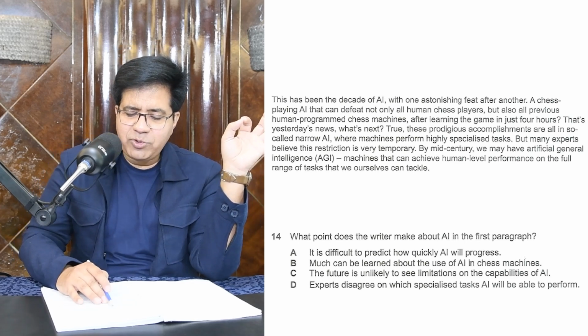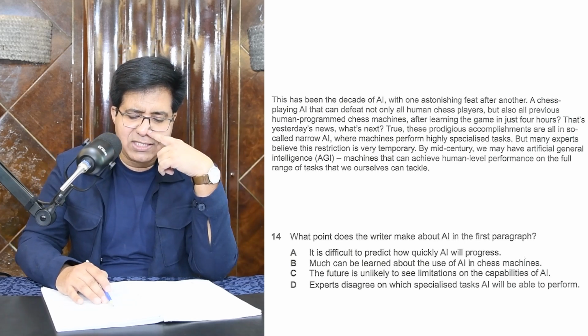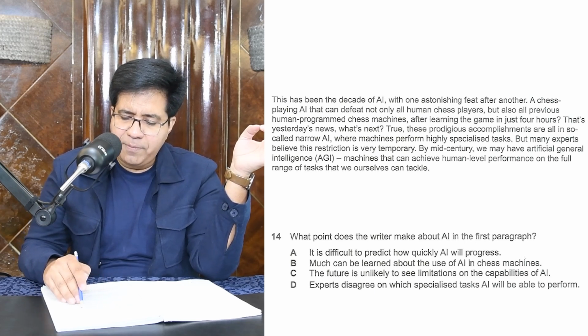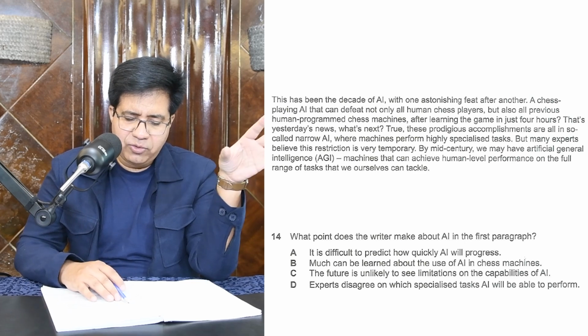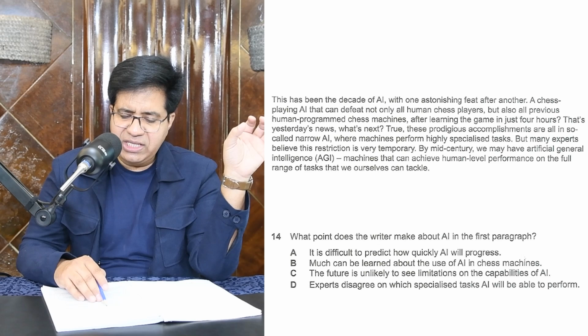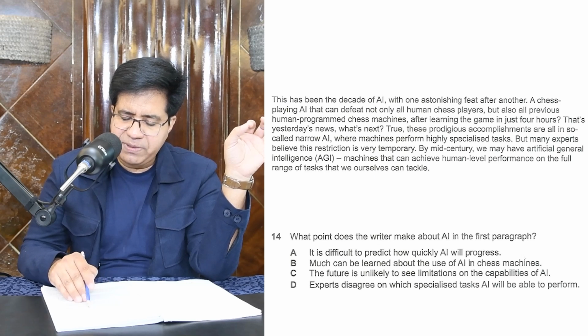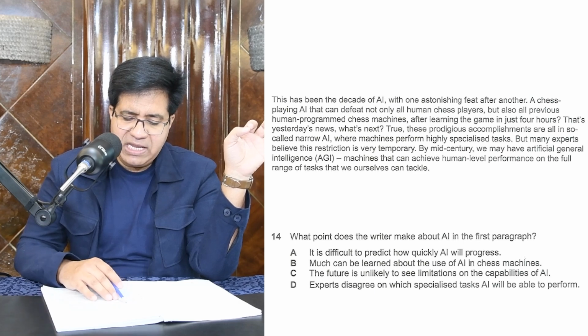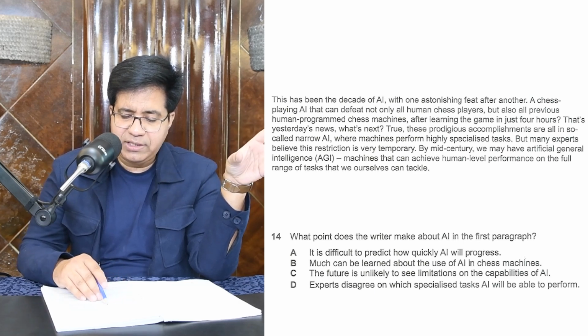Now please come to the middle after the question mark. Yesterday's news, what's next? True, these prodigious accomplishments are all in so-called narrow AI, where machines perform highly specialized tasks, but many experts believe this restriction is very temporary.